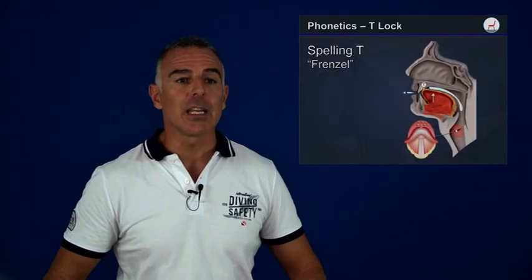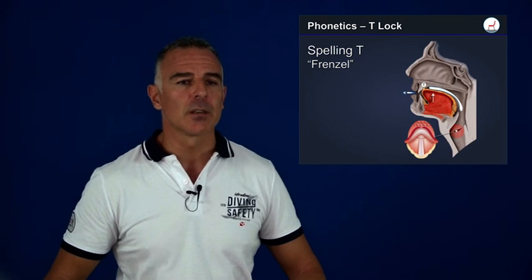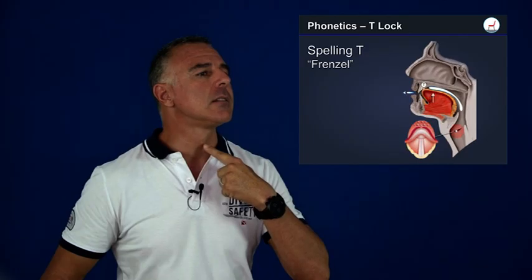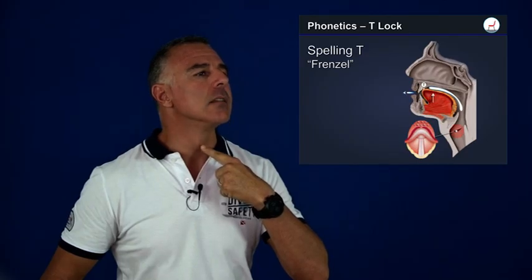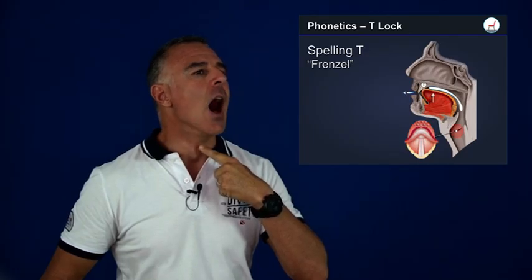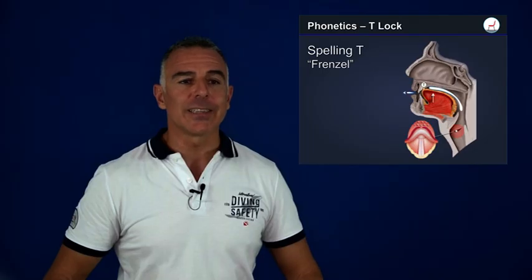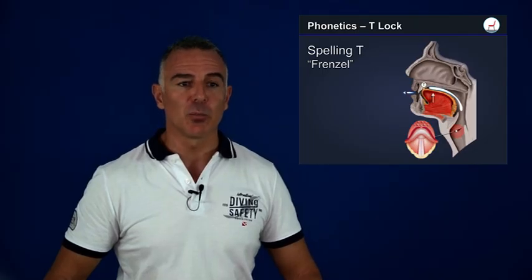Then the next skill is going to be spelling the T Frenzel style. That is going to be this. I'm again doing the T sound. This time the belly is not moving at all.